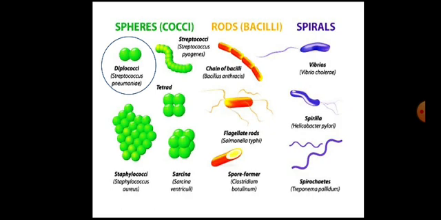So these arrangements are two cocci arranged like this. It is called diplococci, which is a characteristic of Streptococcus pneumoniae, and of Neisseria meningitidis. Another arrangement is these cocci are present in chains.